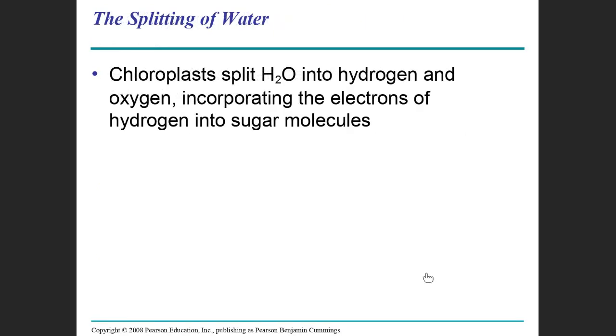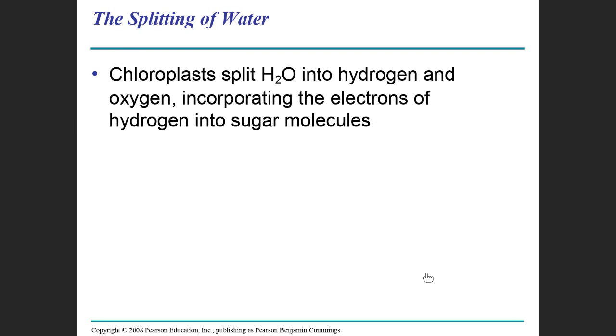So we talked about glucose supplying the electrons for the electron transport chain in cell respiration. In photosynthesis, we also need electrons, but those electrons are going to come from water. So water is actually going to be split. And when it's split, oxygen will be released.